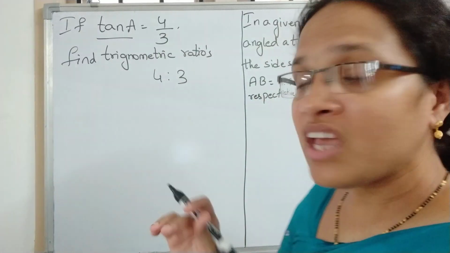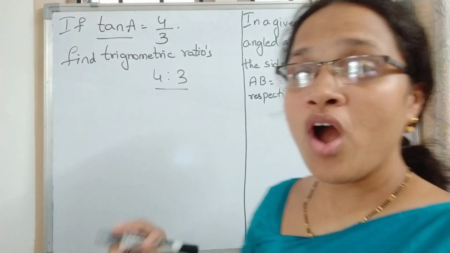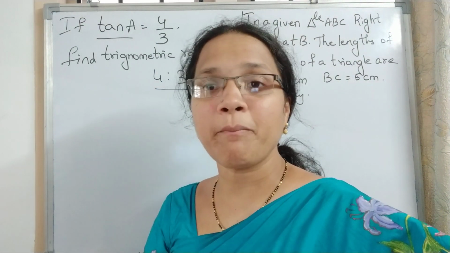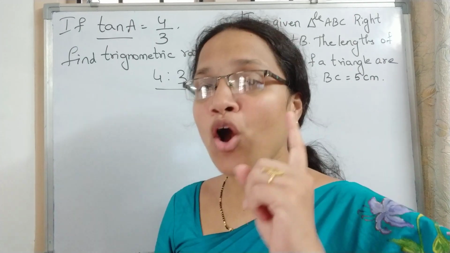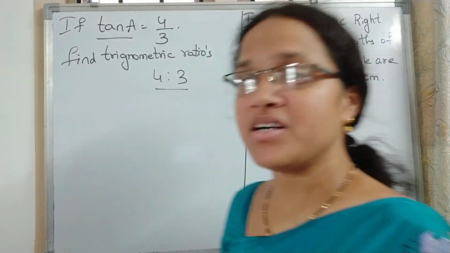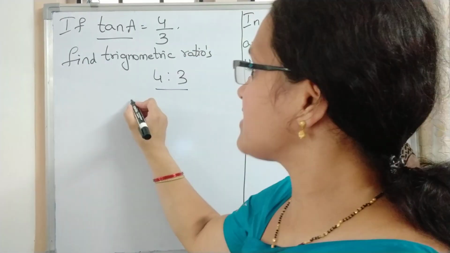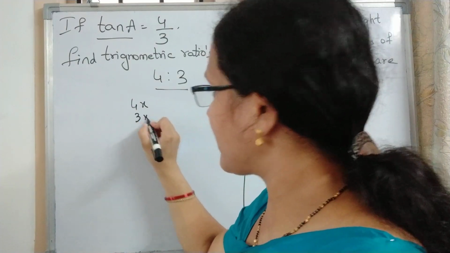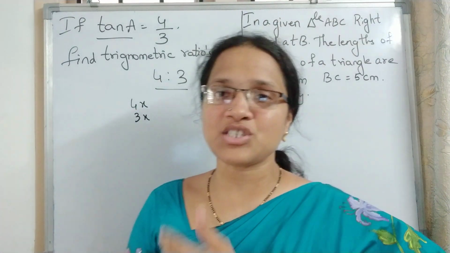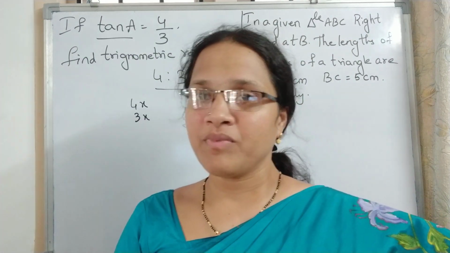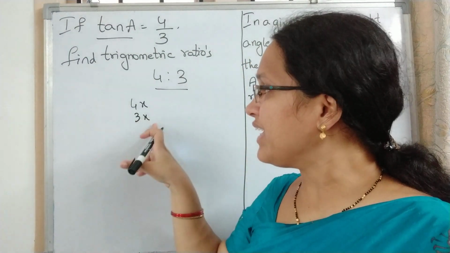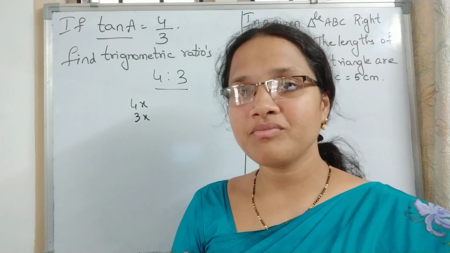Because if you are given any ratio, how would you write it as a normal number? Tell me. Yes, you add a common variable to both the numbers. So you will write this as 4x and 3x. You have already learned such things in your previous class 9. Why do you write a common constant?